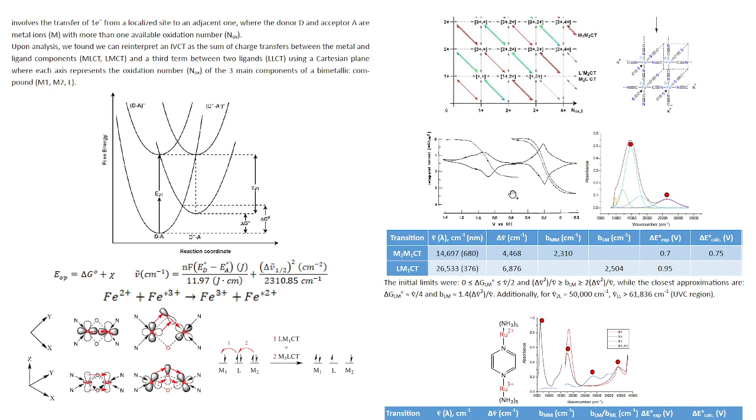Now, in the left figure, we have the cyclic voltammetry of the Prussian blue and there we can see the two characteristic bands, the oxidation and reduction waves, for the compound: the reduction wave at around 0.2 volts and the oxidation wave at around 0.9 volts.